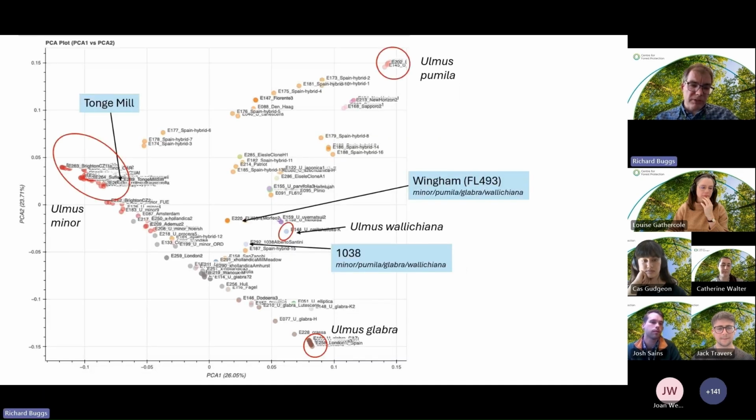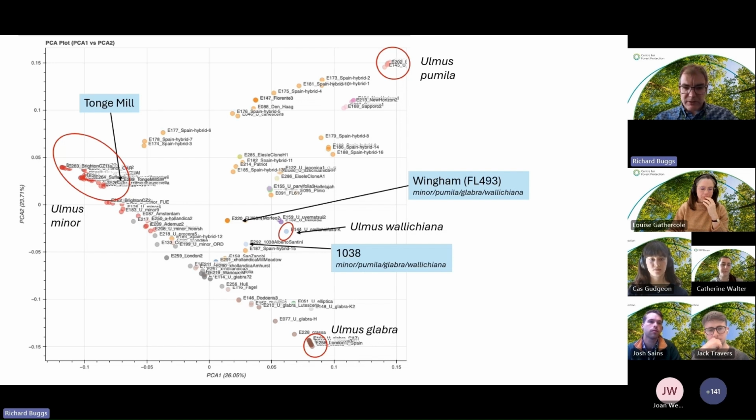Well, if we look on our PCA, we can see the parents here. We had a glabra component, a pumila component, a wallaceiana component, and then this is one of the parents of Wingham, FL493. 1038 was open pollinated to produce Wingham, and it's interesting that Wingham has moved slightly towards the middle, not simply towards Ulmus minor.